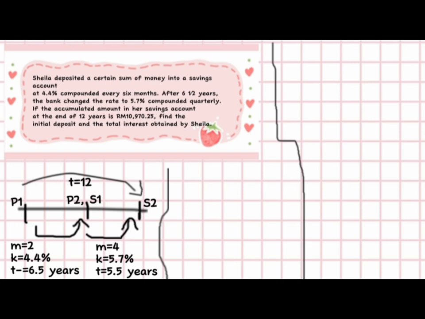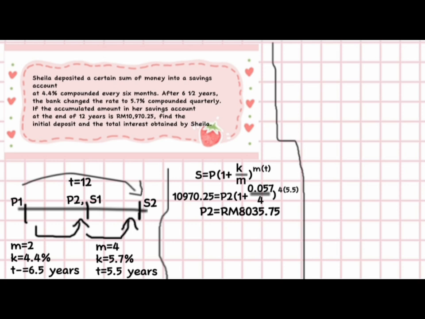Find P2, using the formula S equals P bracket 1 plus K over M bracket power of MT. Now replace it: 10,970.25 equals P2 bracket 1 plus 0.057 over 4 bracket to the power of 4 times 5.5. P2 equals 8,035.75 ringgit. To find the initial deposit P1, we use the same formula.